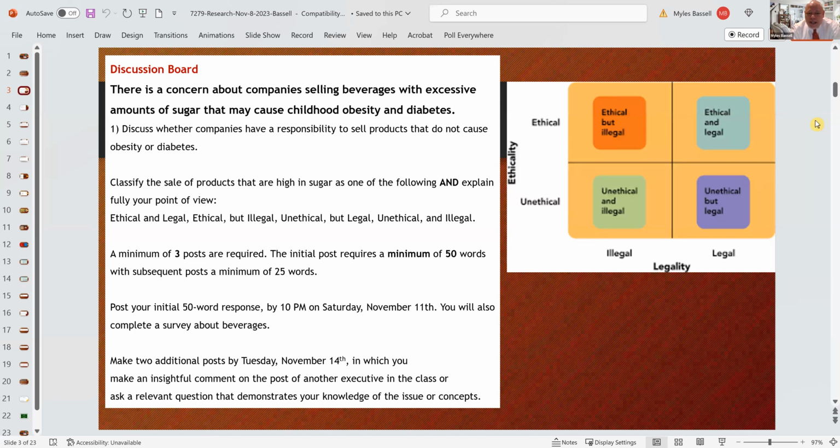And then by Tuesday, make your remaining 2 posts. Now, I want us to collaborate on this, share thoughts, share ideas, share opinions. And this is going to give you a jump start on this topic, which is also going to be included in your report.